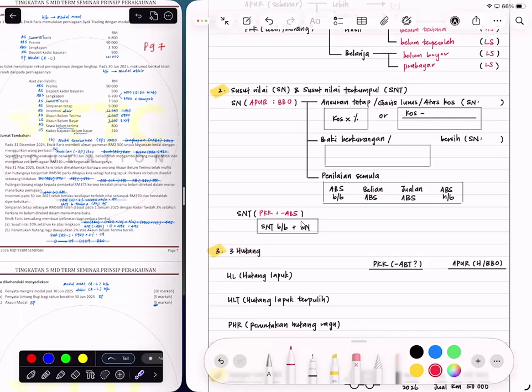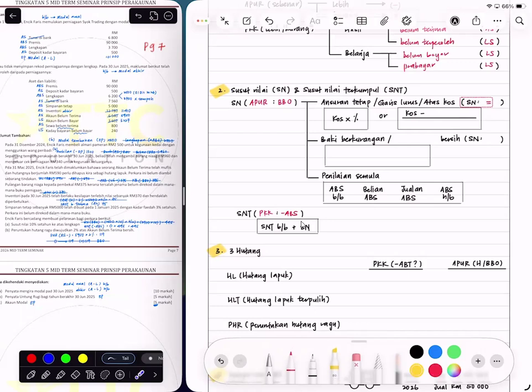First way, ansuran tetap garis lurus atas cost. By using this method, we are going to split the cost equally over the years, so you will get the same susut nilai all the years. And there are totally 2 formulas for it. You need to figure out in the question what kind of information is given, so you can figure out which formula you are going to use.